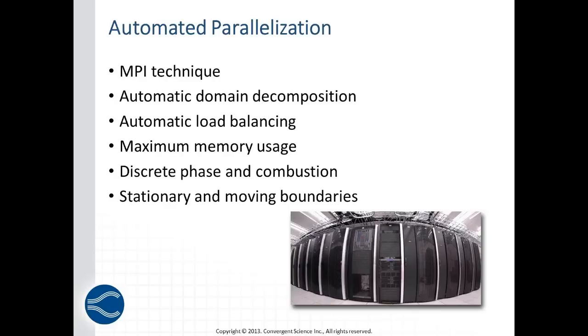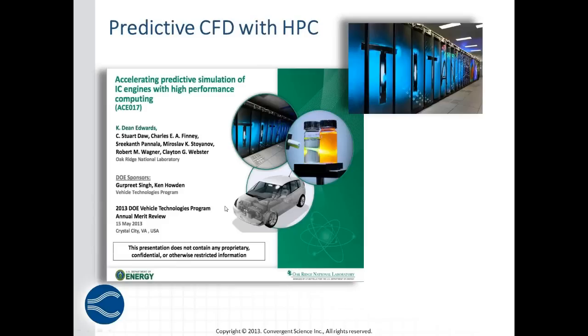So it's not the first year that we've had parallel processing capability. We've been through some of those growing pains and really have optimized how it accounts for parallelization. And it also, of course, works with the discrete phase, and combustion is fairly parallel, as well as being able to handle stationary and moving boundaries in a parallel environment.